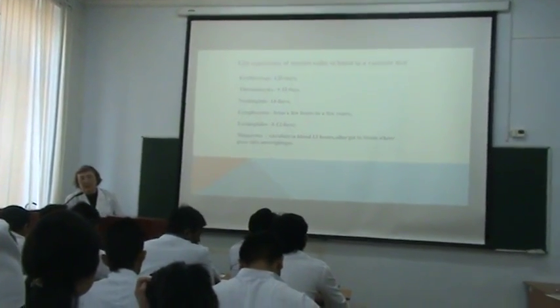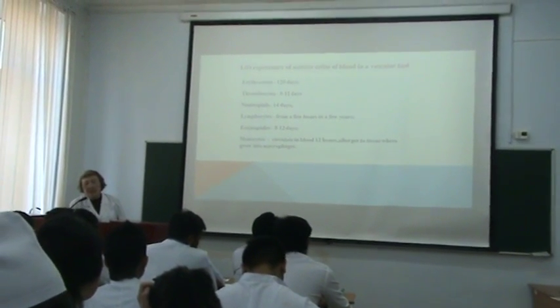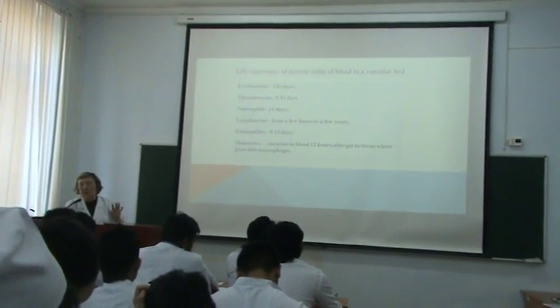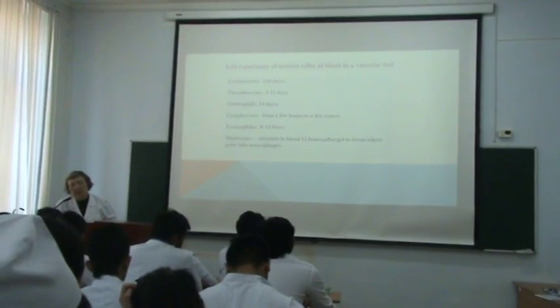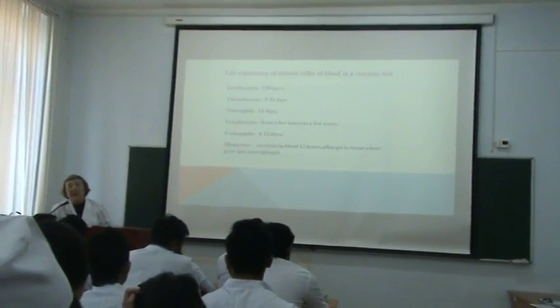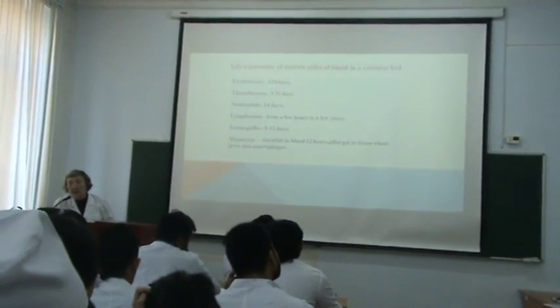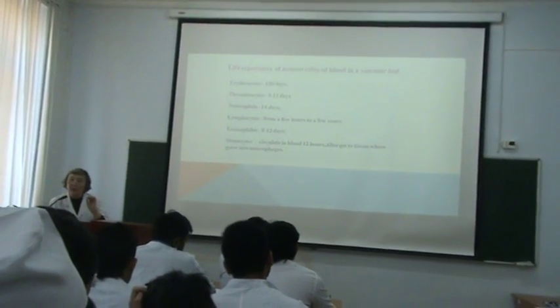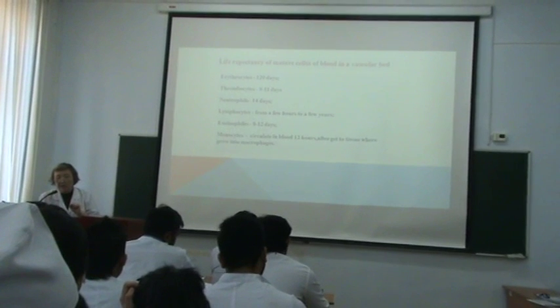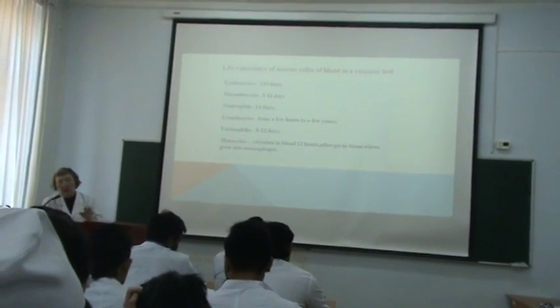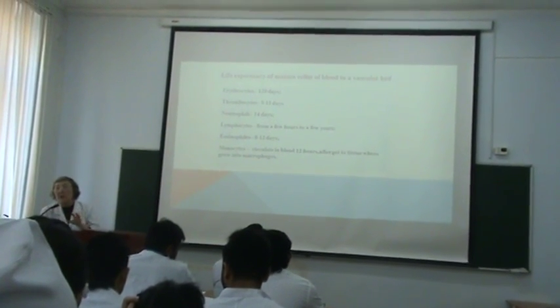Neutrophils 14 days. Lymphocytes from a few hours to a few years. Eosinophils 8-12 days. Monocytes circulate in blood 12 hours. After getting into tissue, they grow into macrophages.